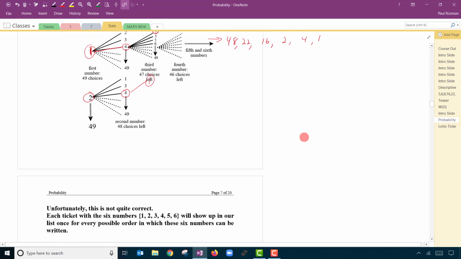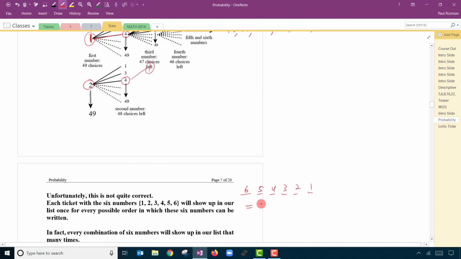I did an example with, just trying to keep it simple, 1, 2, 3, 4, 5, 6. How many different ways can you rearrange that one outcome? Well, you have 6 choices for your first pick, then 5, then 4, then 3, then 2, then 1. If we multiply all those together, you get 720 ways.